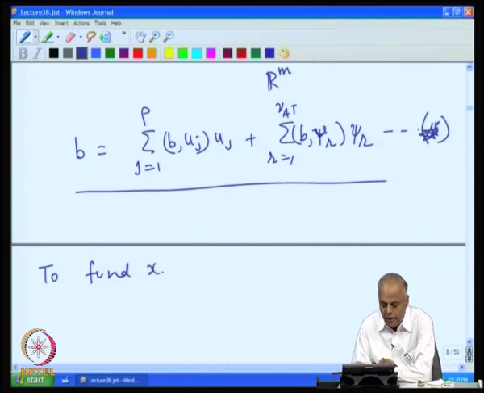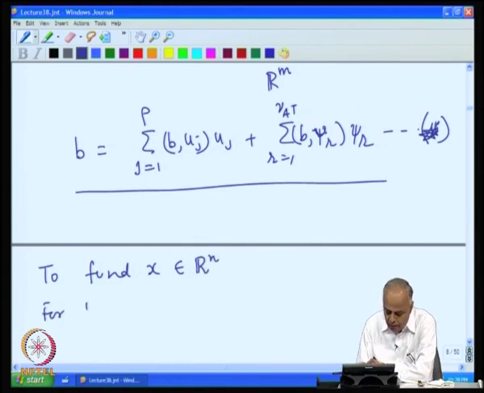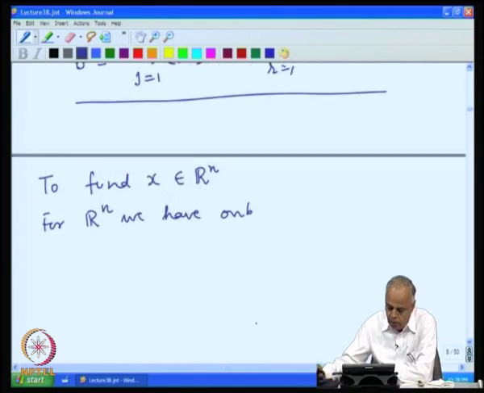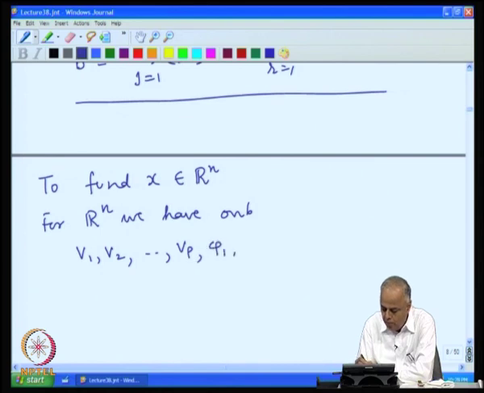Where do we want to find x? We want to find x in R n. Now, for R n, we have an orthonormal basis, which is V 1, V 2, up to V rho, and phi 1, phi 2, up to phi nu a.